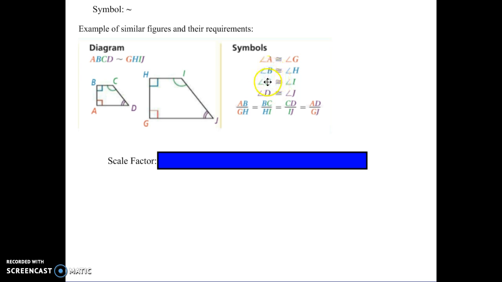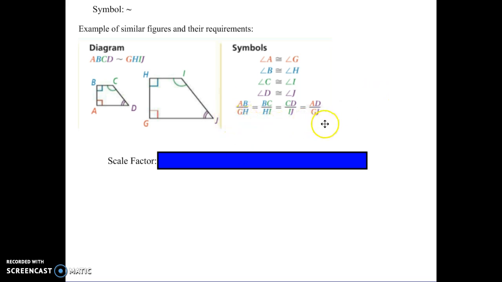So BC goes over HI. CD goes over IJ. And when you run out of letters in order, you use the last one and the first one. They put it as first and then last, but I usually put it as last and first. It doesn't really matter as long as you're consistent. So I would have said DA over JG, but they did the same thing. They just did AD over GJ.